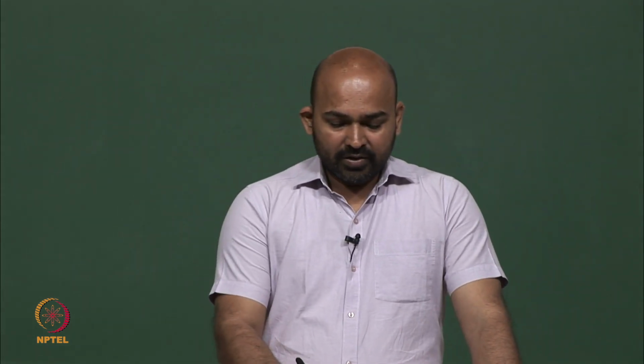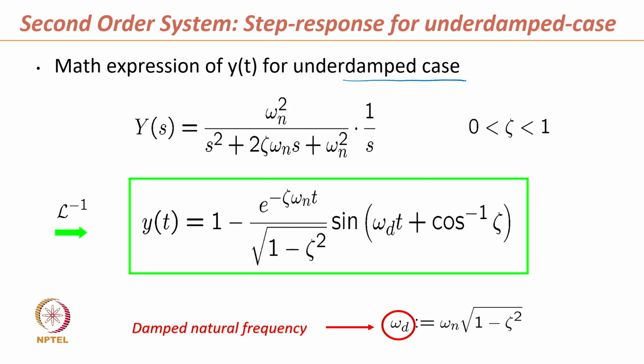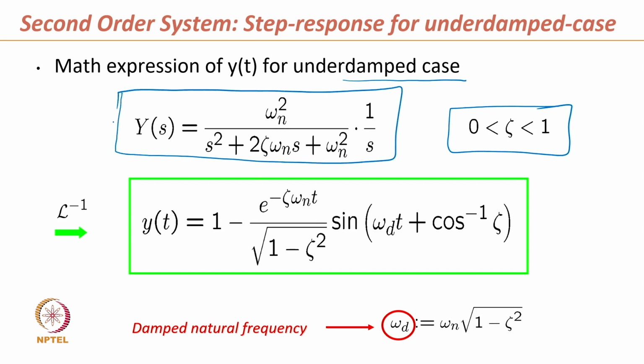Now the math expression for y(t) for the underdamped case, where the damper is not very strong, meaning zeta falls between 0 and 1. This is the transfer function in the Laplace domain, and to convert it back into the time domain, we take the inverse Laplace, and the output in the time domain is given by this equation.